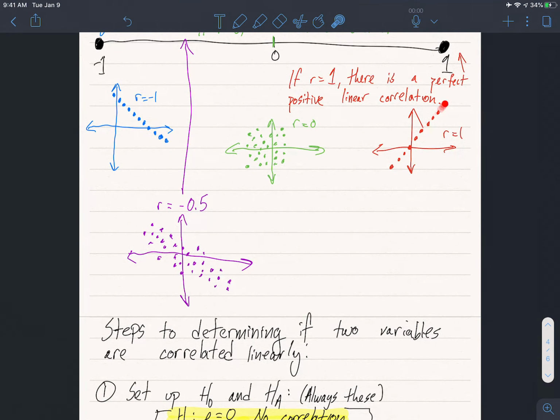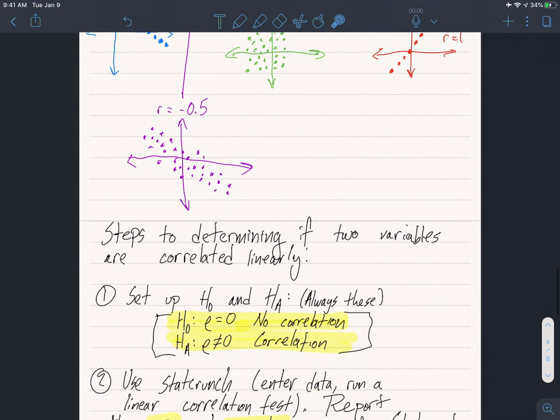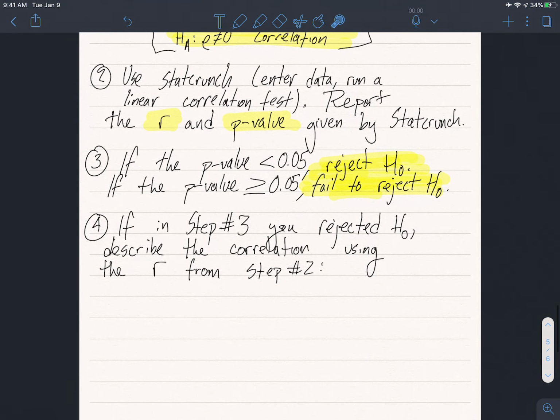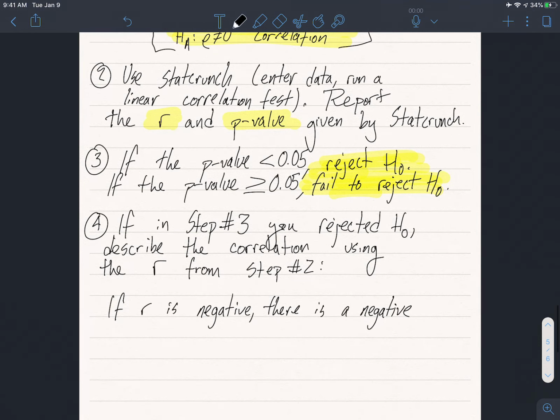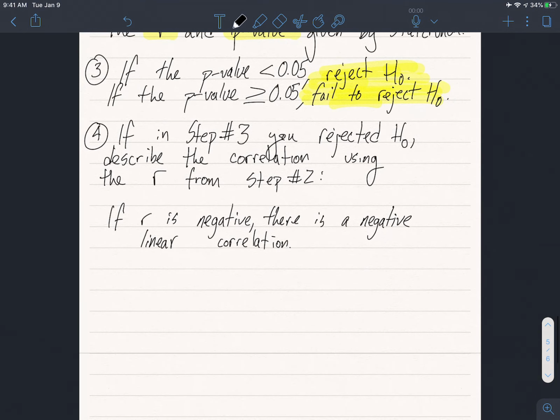Do we have a negative or positive correlation is the first thing I will look for. So if R is negative, there is a negative linear correlation. That makes sense.